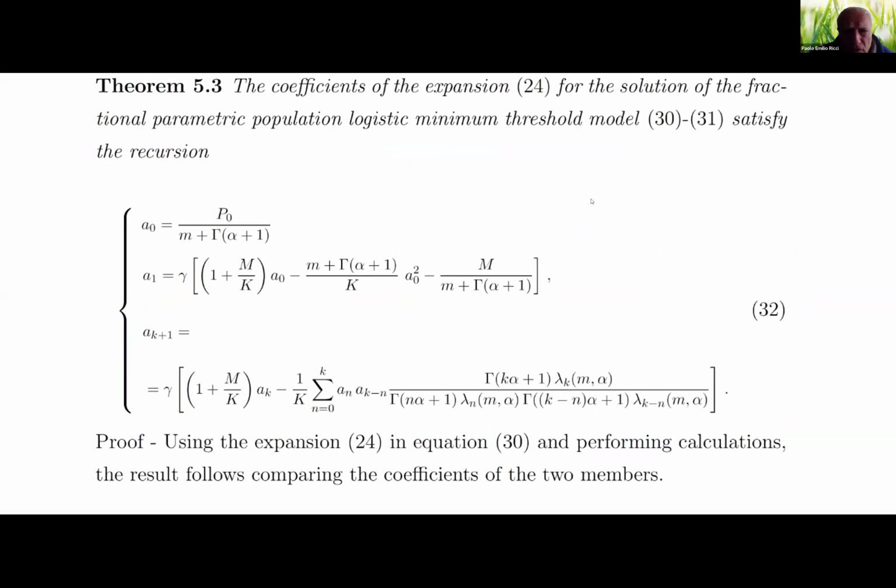fractional minimum threshold logistic model satisfies this recursion for the coefficients. This is the first coefficient, the second, and the k plus 1 is given by this form. The proof is always the same. You put the solution in the form we have seen before.